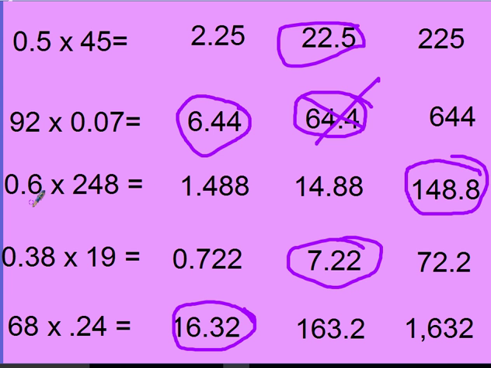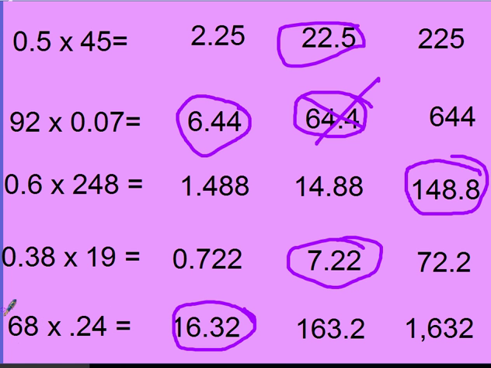6 is close to half, so I took it in half. This is under half, so it's got to be less than half of this. So I know that this is correct. This is less than a half, a lot less than a half. It's almost a fourth, because 25 would be a fourth of a whole.